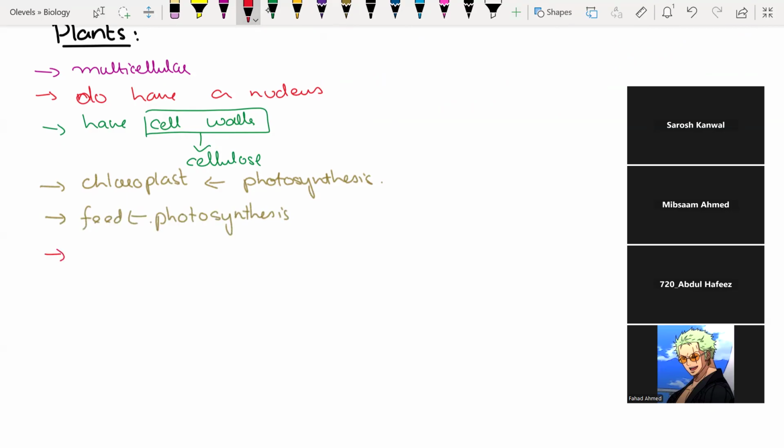We have studied that animals store carbohydrates in the form of glycogen. Now, plants also store carbohydrates as starch. Good. But that is done either by storing them in the form of starch, or by storing that in the form of sucrose. And at last, these plants do not have a nervous coordination.